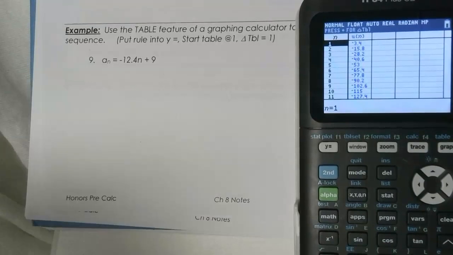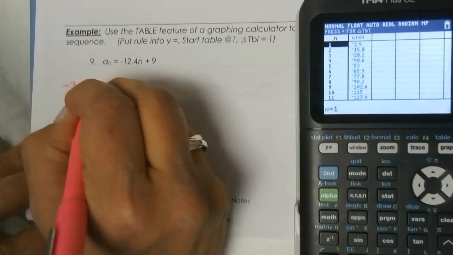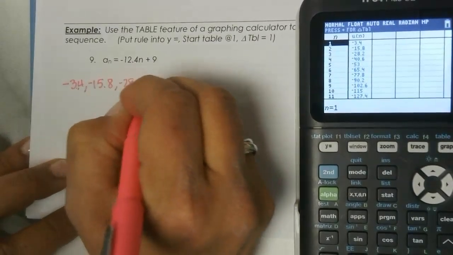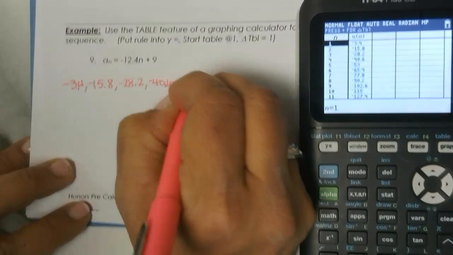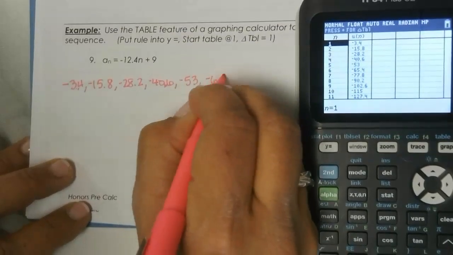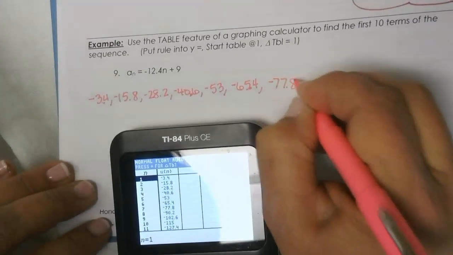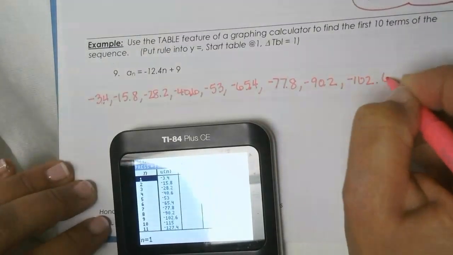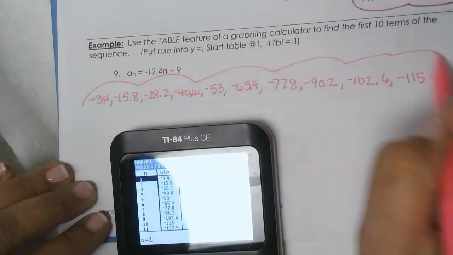So we could list negative 3.4, negative 15.8, negative 28.2, negative 40.6, negative 53, negative 65.4, negative 77.8, negative 90.2, negative 102.6, and negative 115, okay? So those are the first 10 terms.